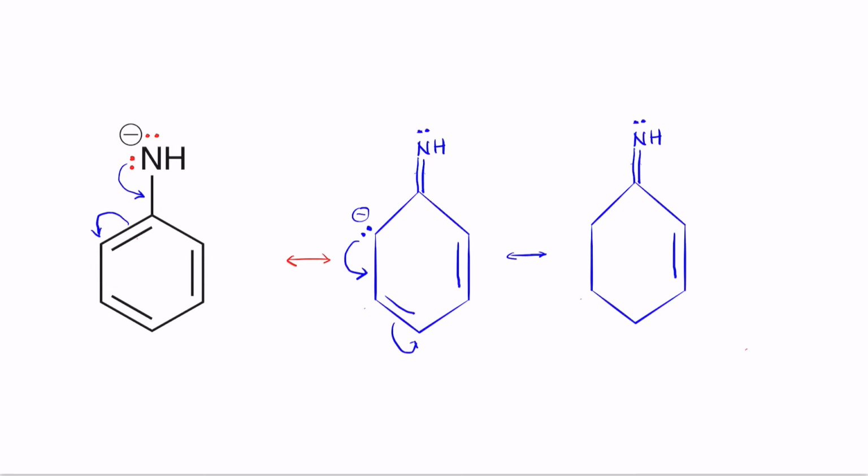Now there's going to be a bond here and a lone pair here, and that lone pair will become negatively charged. Again, it's an allylic lone pair, and again you will get a charge. So lone pair to pi bond to lone pair again. So again, that will end up displaying the final one.